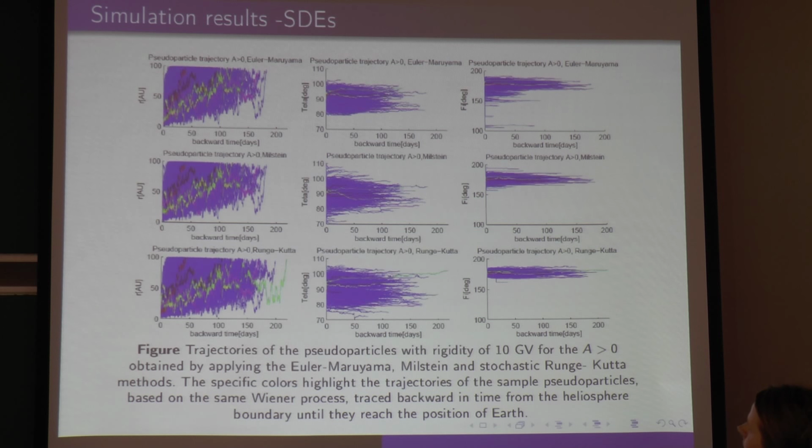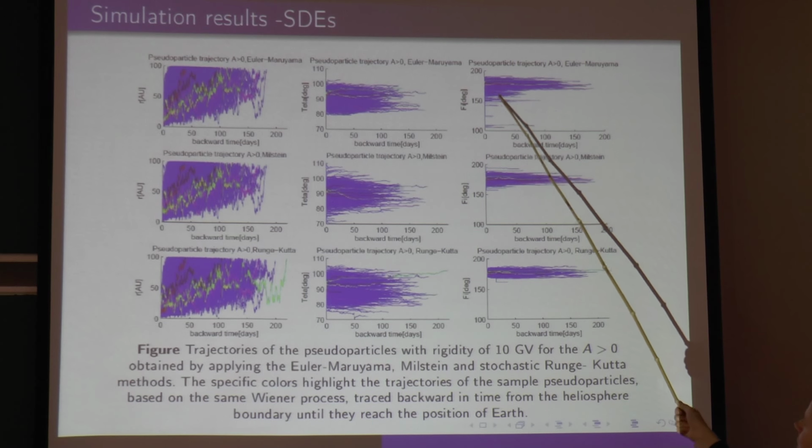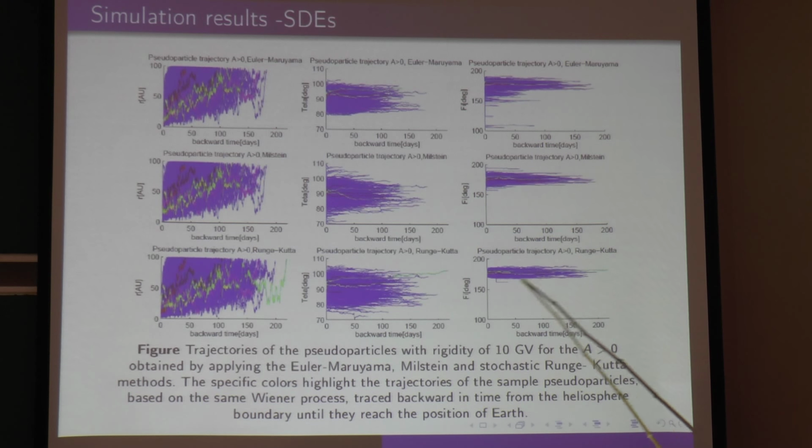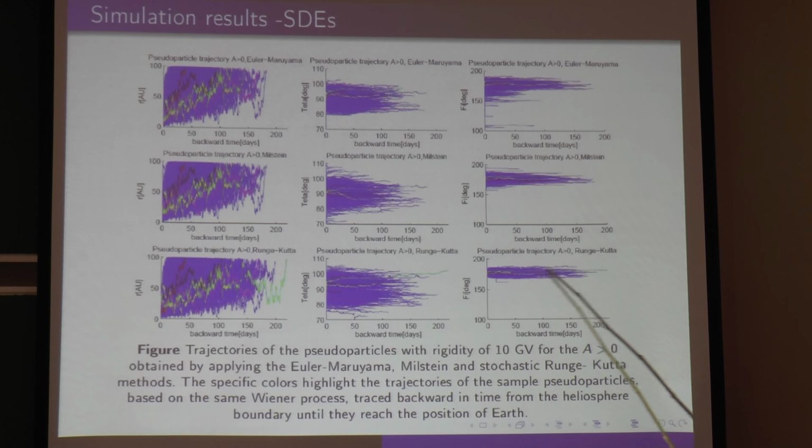You can see that the results are comparable. We can see that for stochastic Runge-Kutta we have a bit longer traveling of cosmic rays, and we have a wider distribution versus heliolongitudes, and narrower for the Euler method.